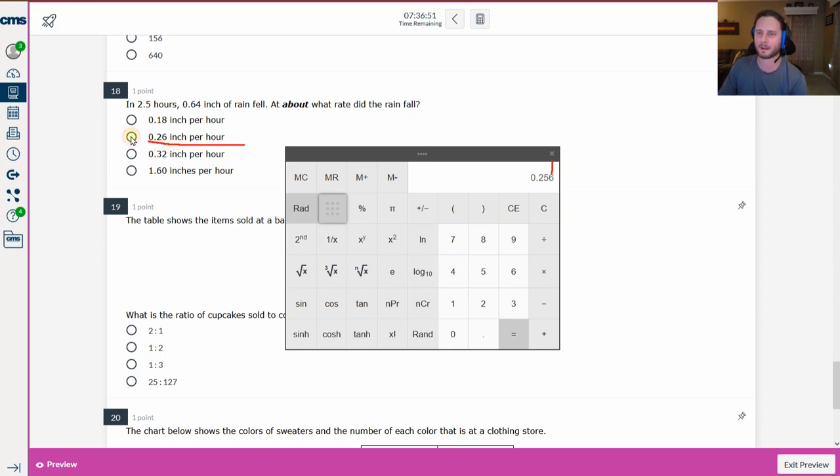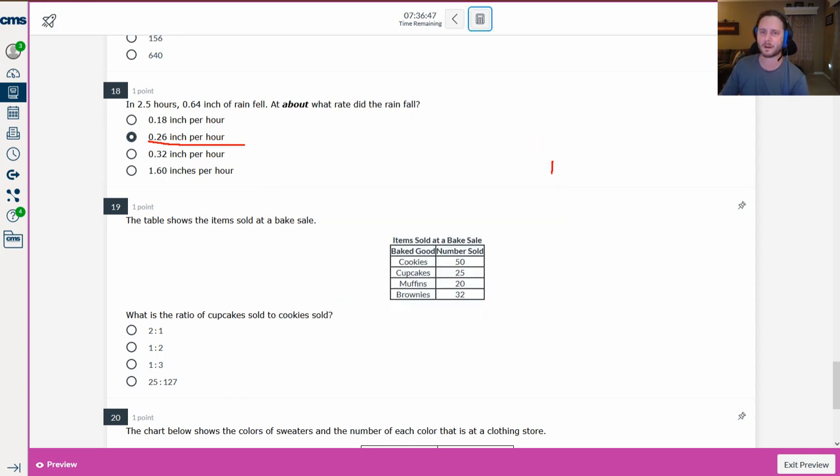That's what was happening with number 18. It's not automatically going to be the biggest number that you divide. Sometimes it will be the smaller number that gets divided. You need to make sure that you recognize how you know which number gets divided by which. Look for it asking something per something.